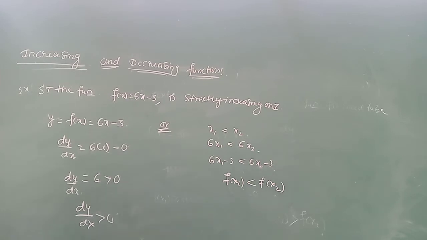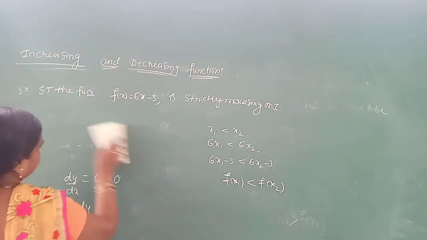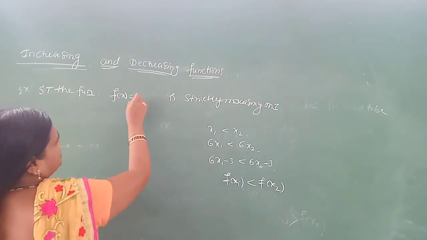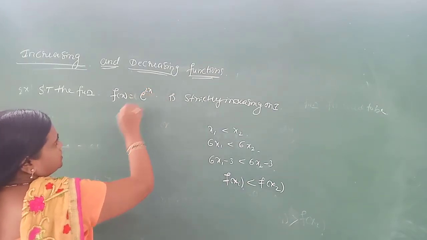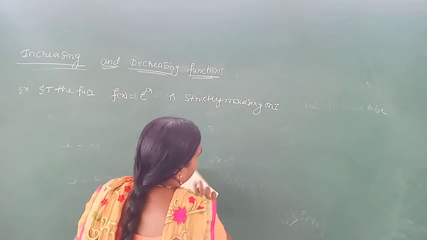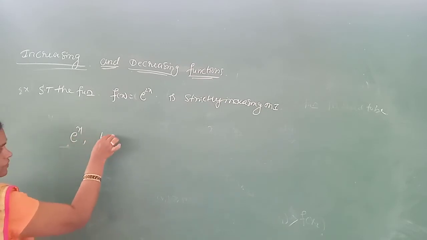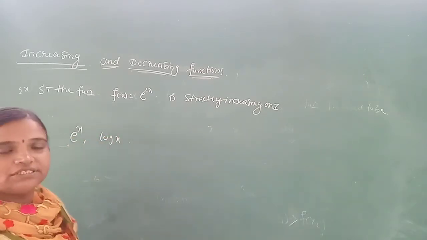Okay. Next, I will take another example. Show that the function f of x is e to the power 2x is strictly increasing on R. Please remember that exponential functions e to the power x and logarithmic functions are always increasing functions.